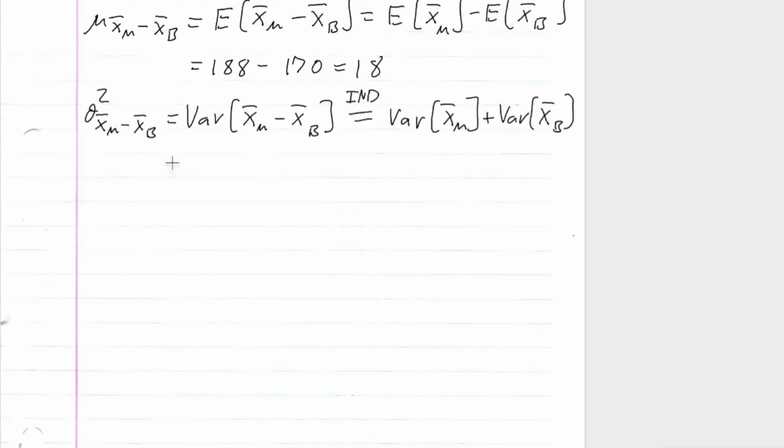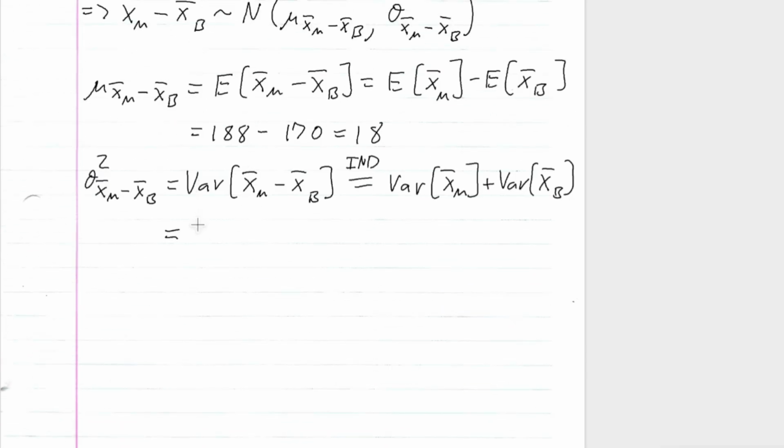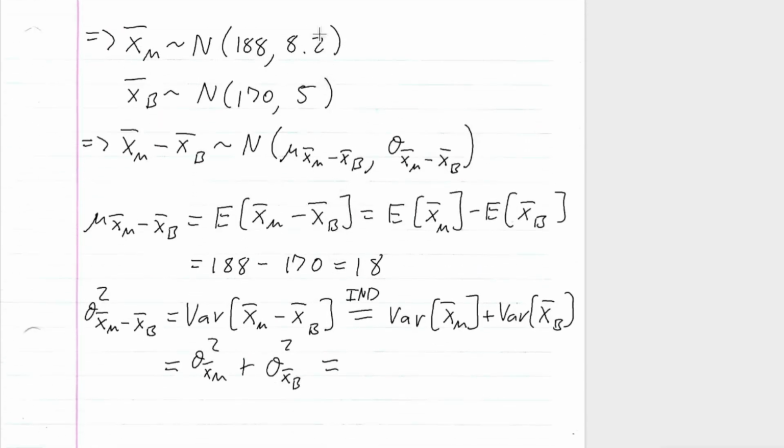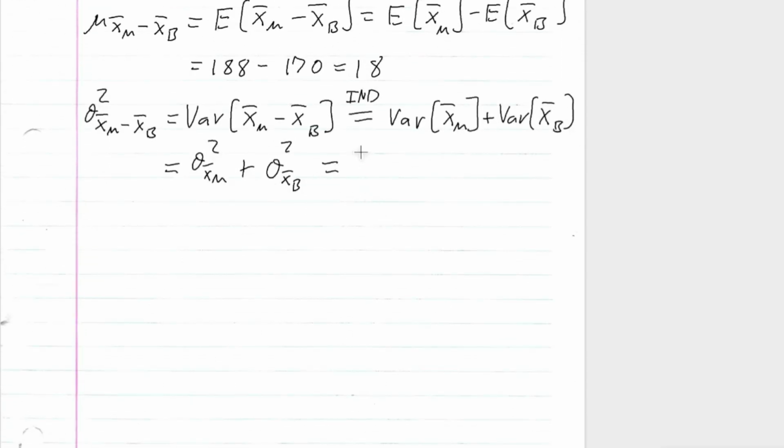That is the standard deviation of x bar m squared plus the standard deviation of x bar b squared, which is 8.2 squared plus 5 squared.